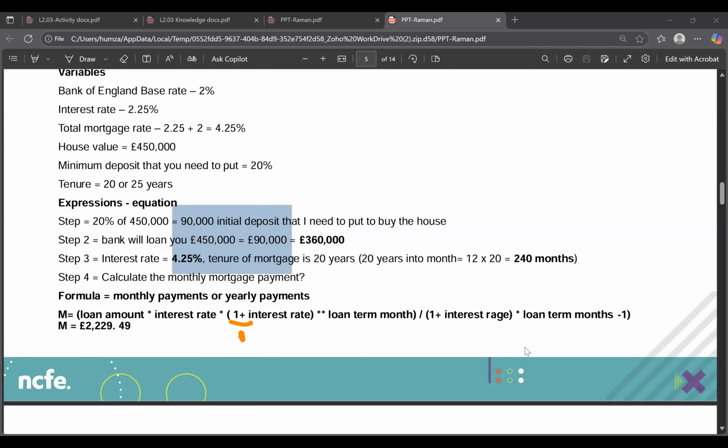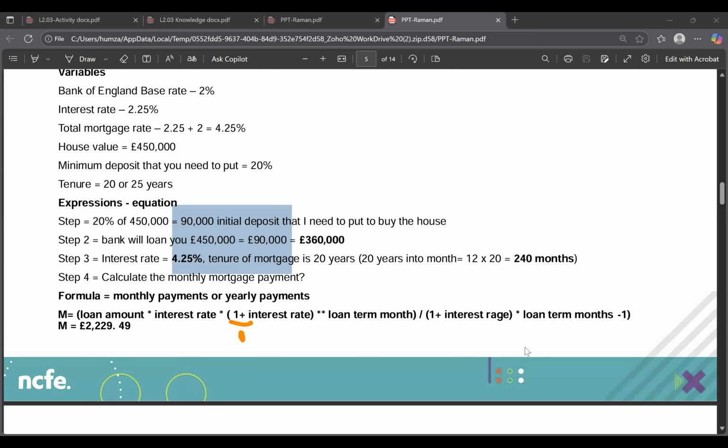You would do 360,000 multiplied by the interest rate, which is 4.25%, which is 0.0425. That equals 15,300.